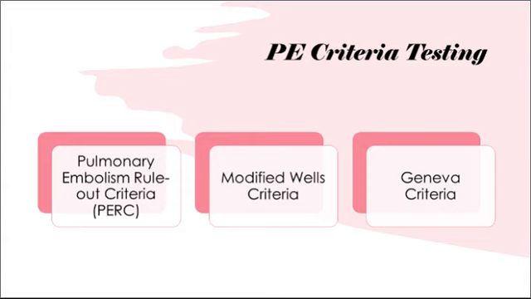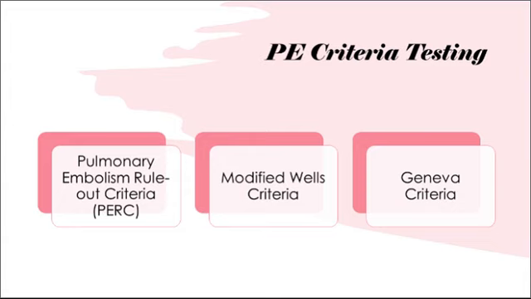The purpose of any of these is to decrease the risk with other testing when there's not a probable cause for a pulmonary embolus. Even with a low probability, a small percentage will still develop a pulmonary embolus, so even if there's low probability and you're not going to do further testing, you're still going to be closely monitoring.